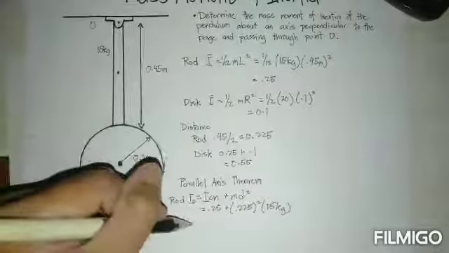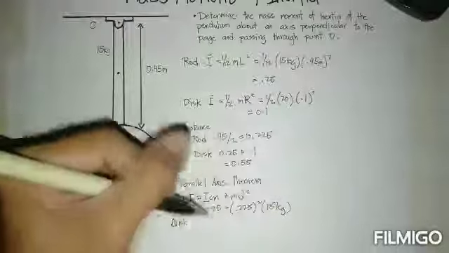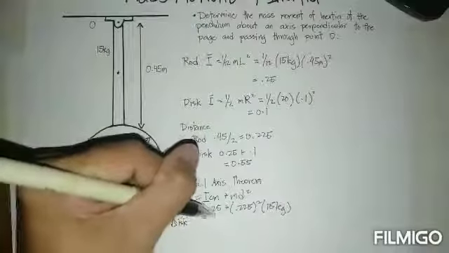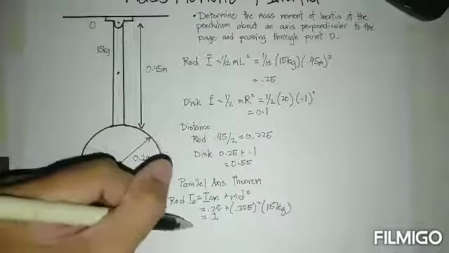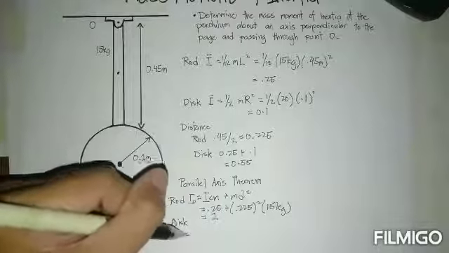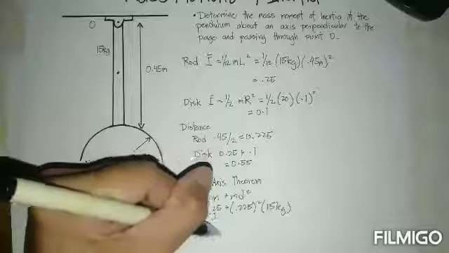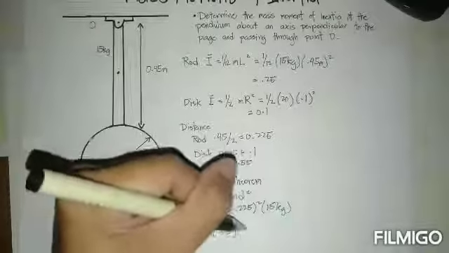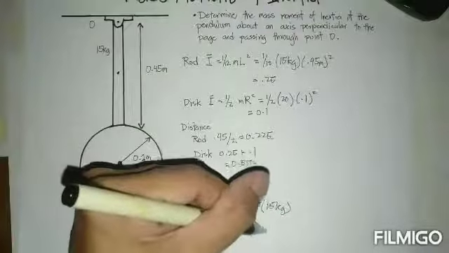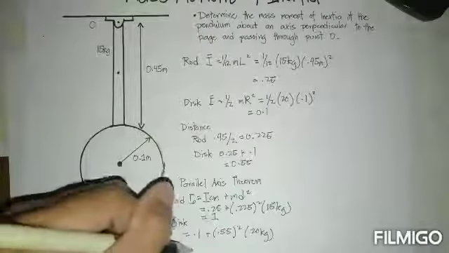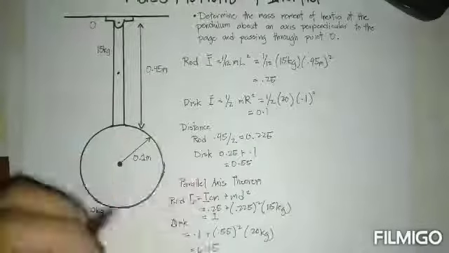For the disc, this would be 0.1 plus 0.55 squared times 20 kilograms, which would be 6.15.